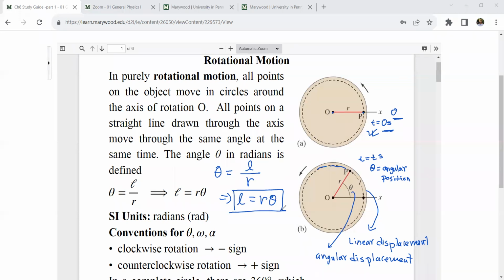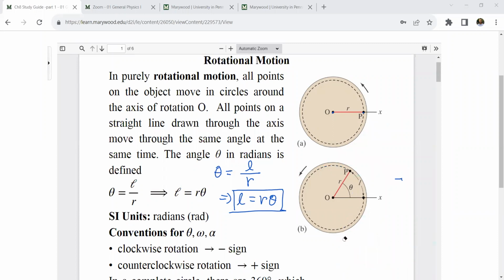Earlier you used degrees to represent angle. But in this chapter, when we talk about angular position, although this is an angle, we do not use degrees. Remember that we do not use degrees as its unit.